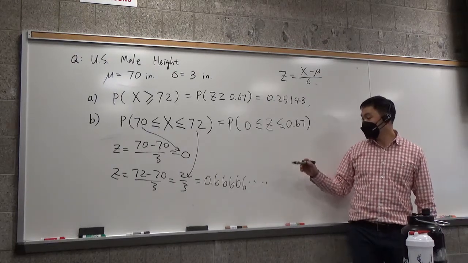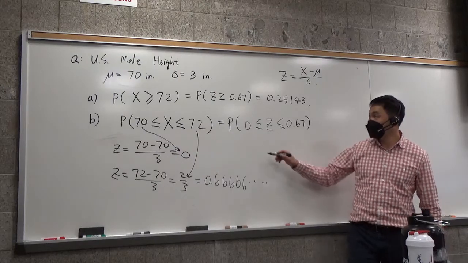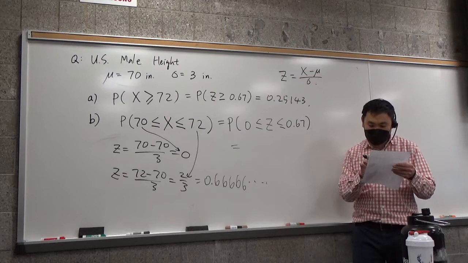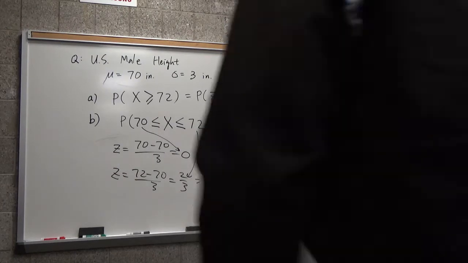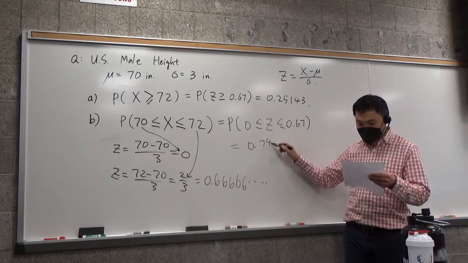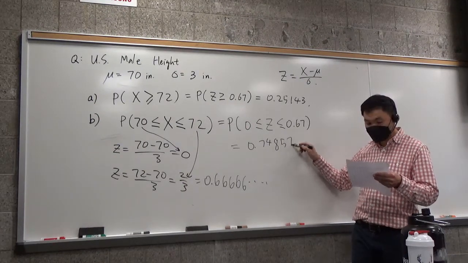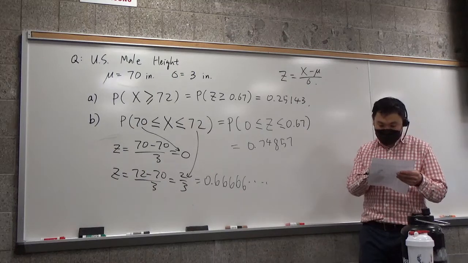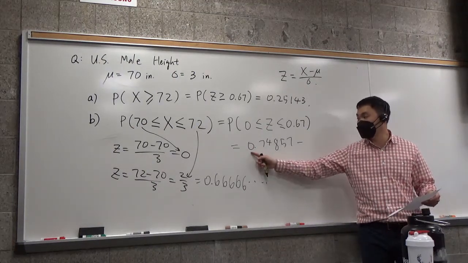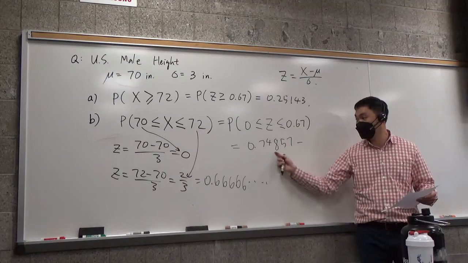All right. So what is this? Well, we know that 0.67 was what? This was 0.74857. But then that will be from negative infinity to 0.67.